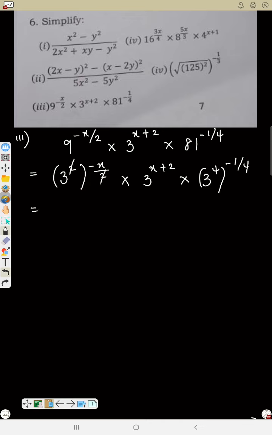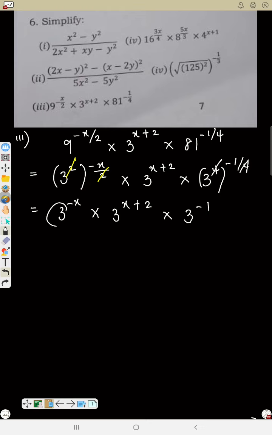So here 2 can cancel out. It will remain 3 raised to power minus x, because here 2 can cancel out. Then times 3 raised to power x plus 2, times, now 4 can cancel out here also, 3 raised to power minus 1.